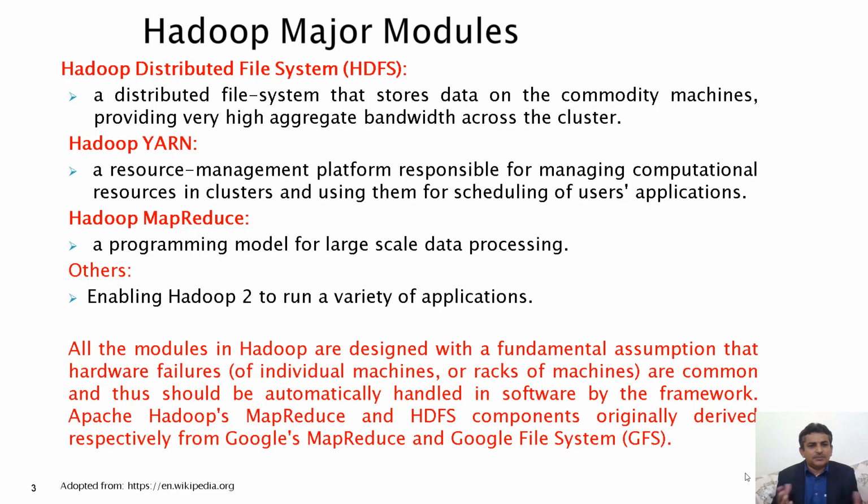The second component or module is the Hadoop Yarn. Hadoop Yarn is a resource management platform responsible for managing computational resources in clusters and using them for scheduling of users' applications. The next component is the Hadoop MapReduce, a programming model for large-scale data processing.